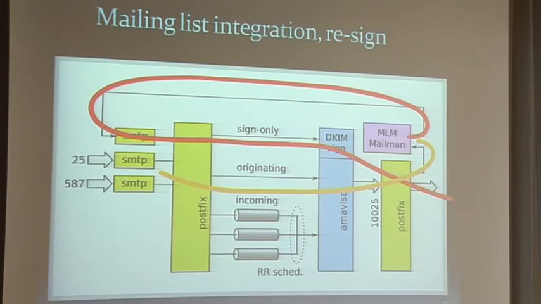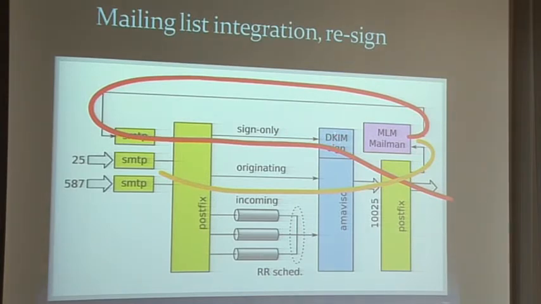Here's a more complex example. Mail comes from wherever it comes, goes through filtering once, goes to Postfix, then to the mailing list manager, which is configured because we want DomainKeys Identified Mail signing, and which is configured to resubmit its fan-out mail to a dedicated server in Postfix, which again sends to a dedicated port to Amavis, where a policy bank turns on originating and it knows it should sign the mail.